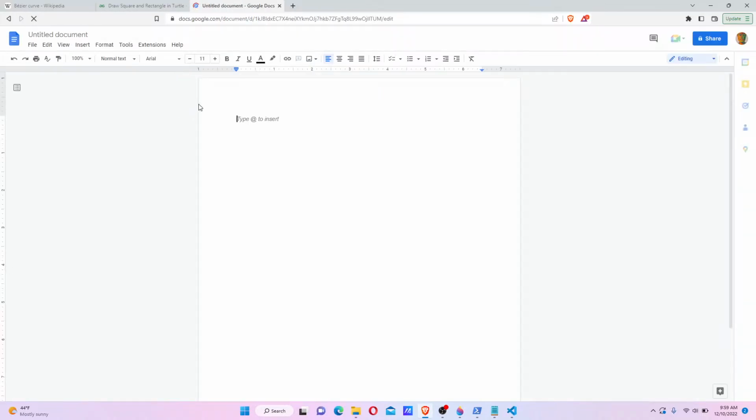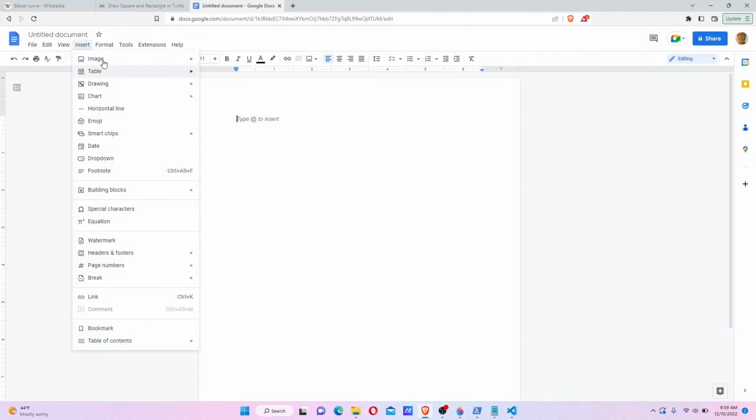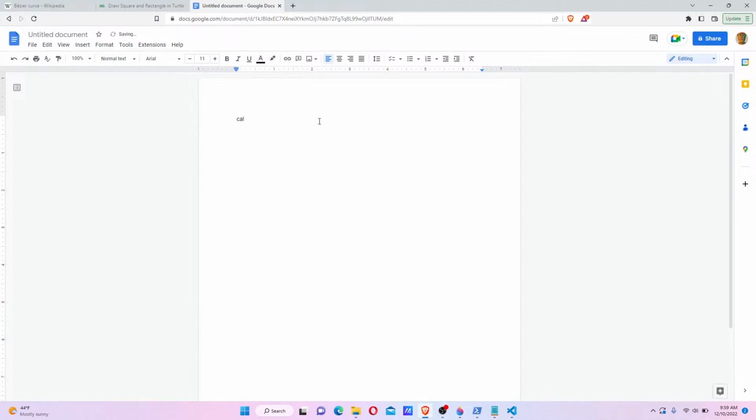Okay, and here's the math for calculating the rectangle corners.